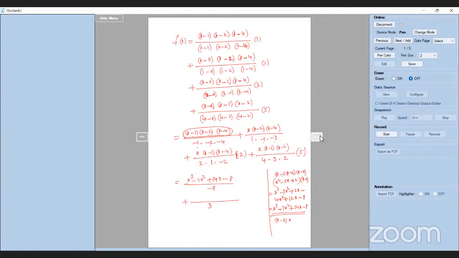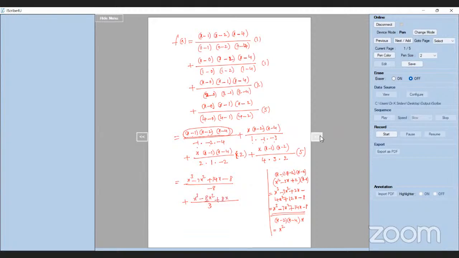(x minus 2)(x minus 4) into x. So, x cube minus 8x squared plus 8x.